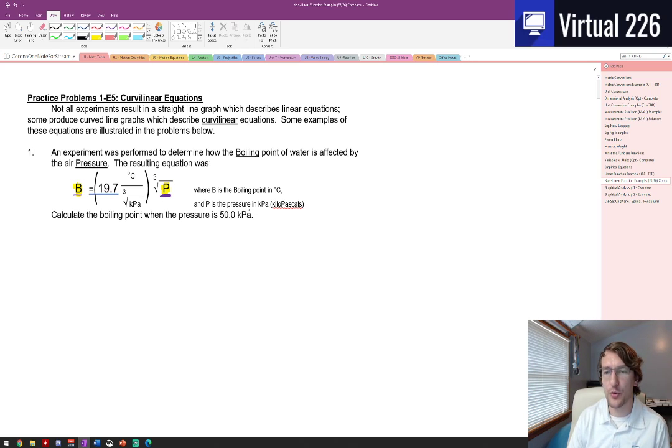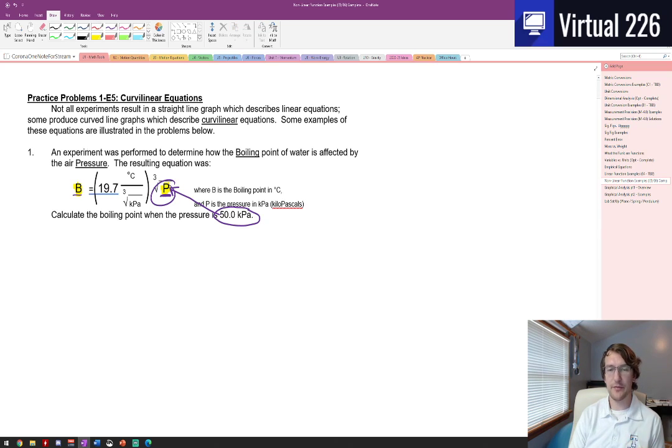So this 50 is going to go in for the variable of the pressure, which is right here. It is not going to go in for this kPa. That's a unit. We're not going to add anything to that. That unit is there to describe the 19.7 degrees C per cube root kPa. We want the 50 in for the variable right here.